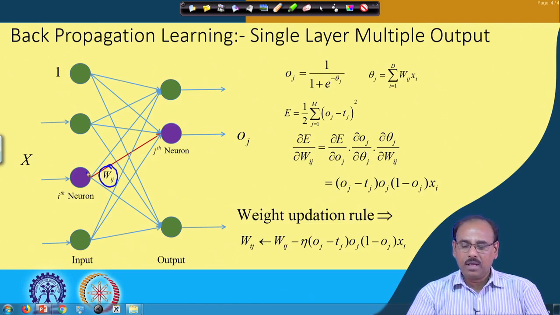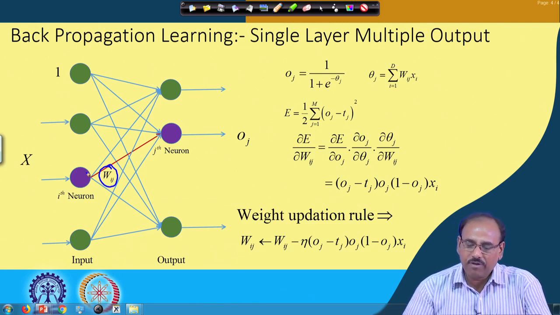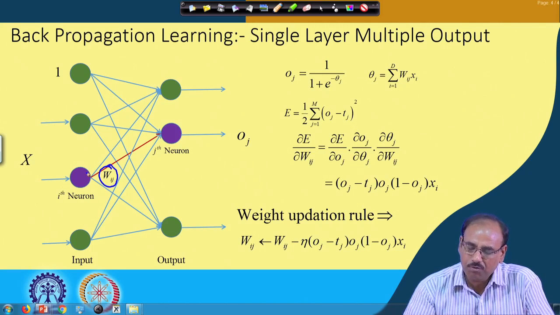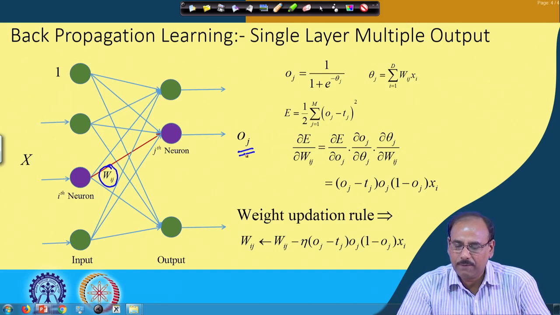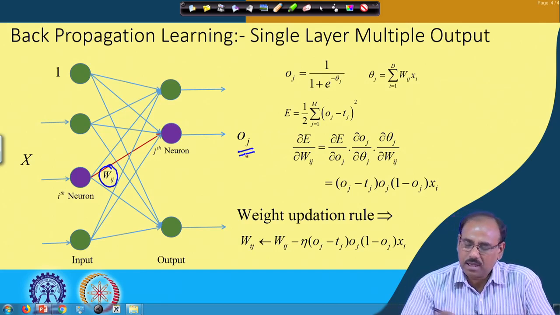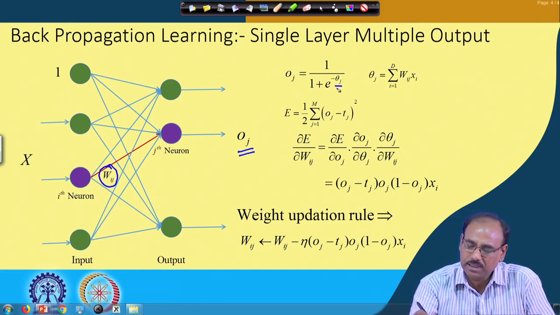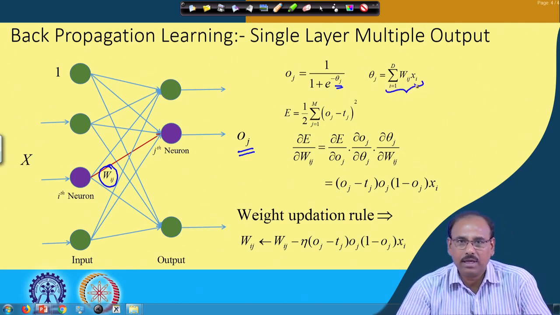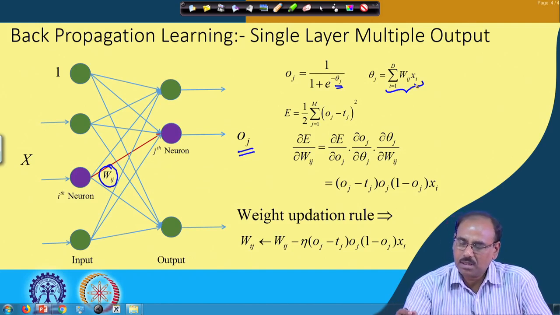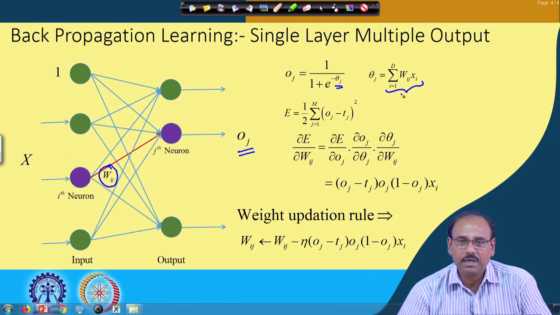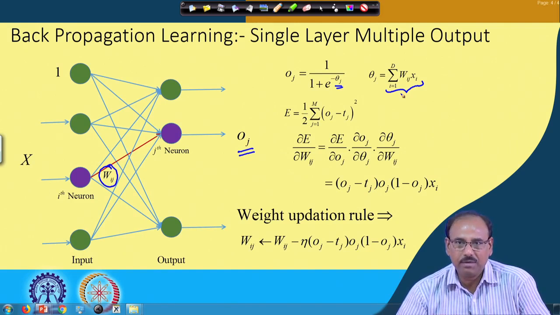As before, if I consider the output of the jth neuron, which we are denoting here as o_j, o_j is a sigmoidal function of theta_j, where theta_j is nothing but the weighted sum of all the input feature components, or in other words, the dot product of the vector w_ij for all values of i with the input vector x.